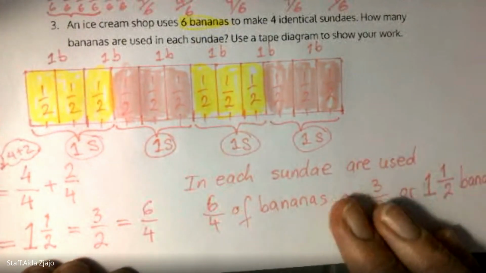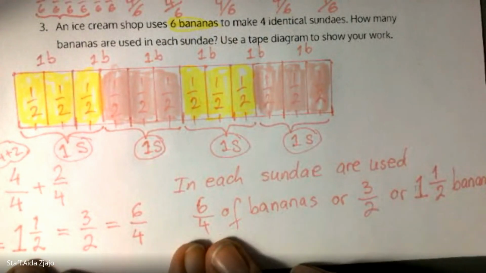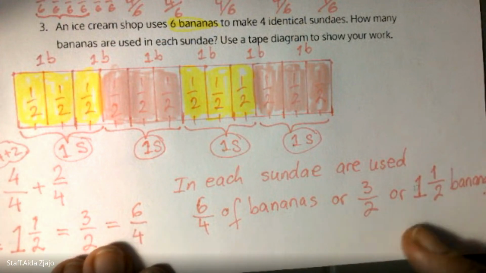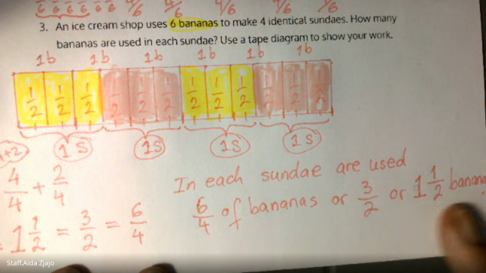Okay, in each Sunday are used 6/4 of bananas, or 3 halves, or 1 and 1/2 bananas.